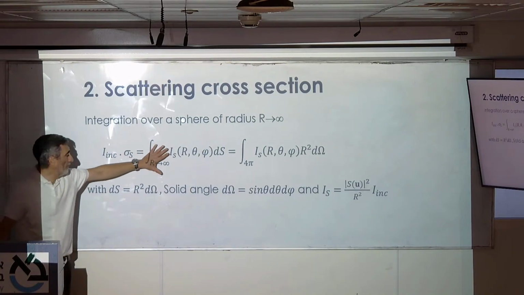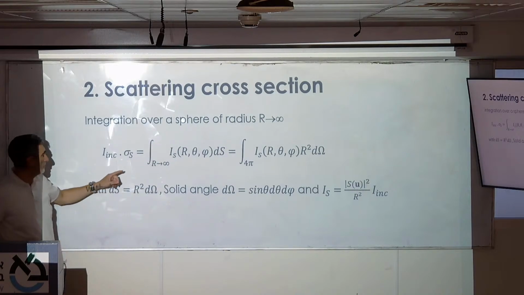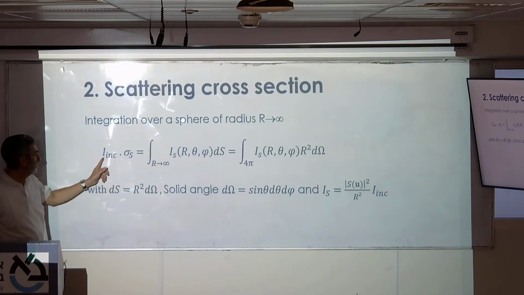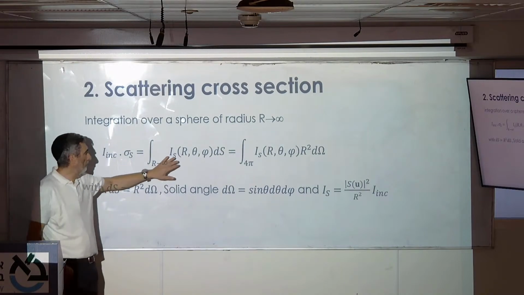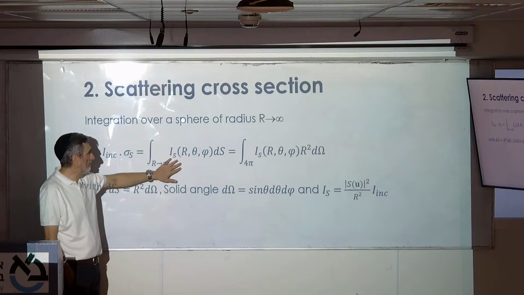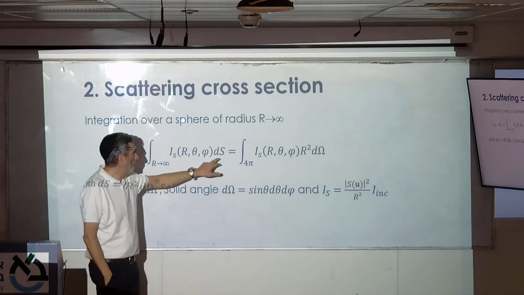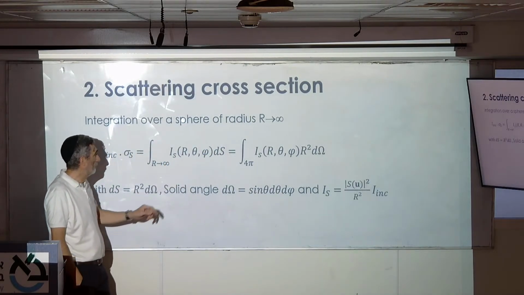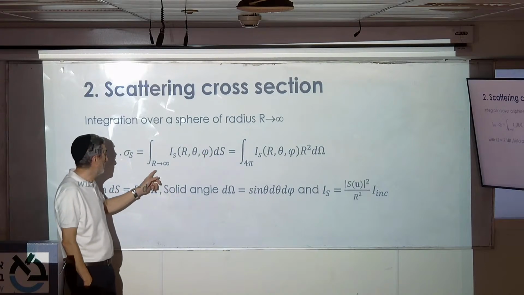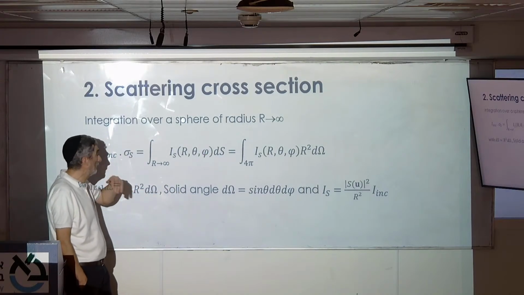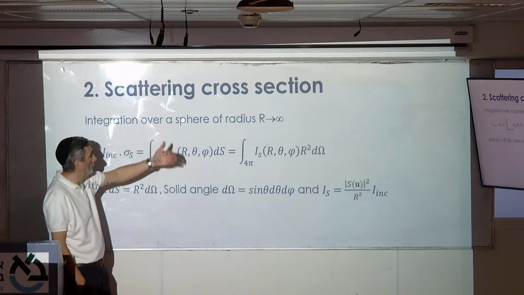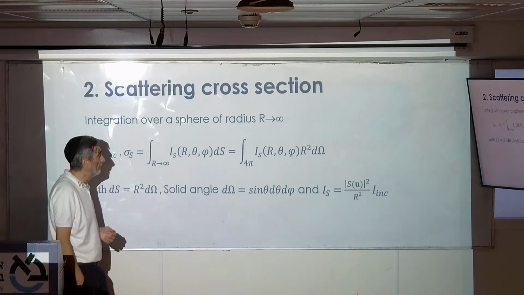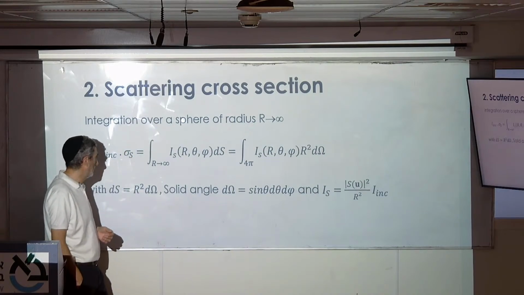That's the power which is scattered. The power which is scattered, which is the incident intensity times sigma s, is equal to the scattered intensity over a given surface element, and then you integrate over all space, the 4π solid angle.